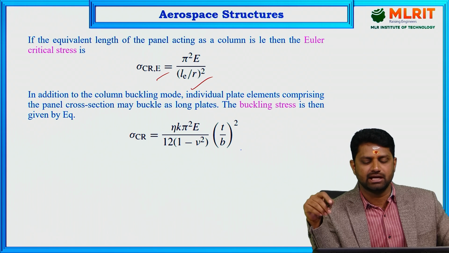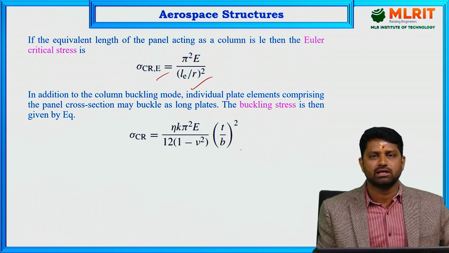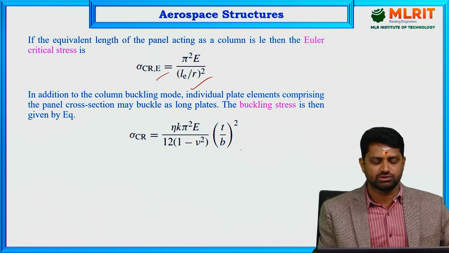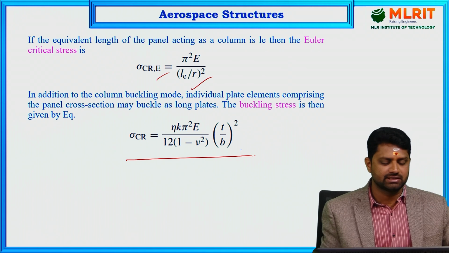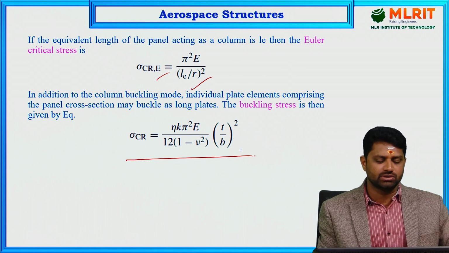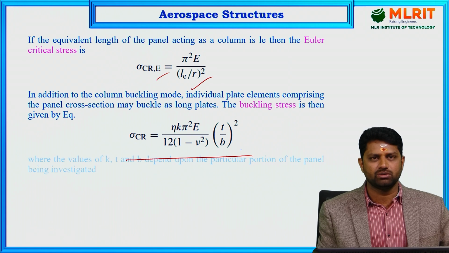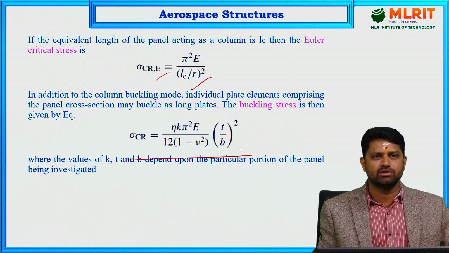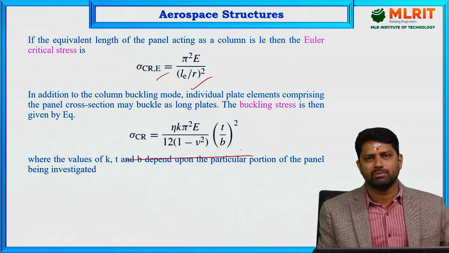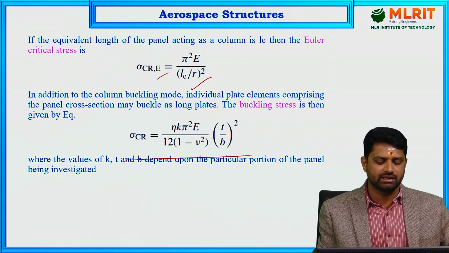In addition to column buckling, the individual plate elements comprising the panel cross section may buckle as long plates. In such a case, you can take the critical load as N equals K pi square E divided by 12 into (1 minus nu square) into (T by B) whole square, where the values of K, T and B depend upon the particular portion of the panel being investigated.